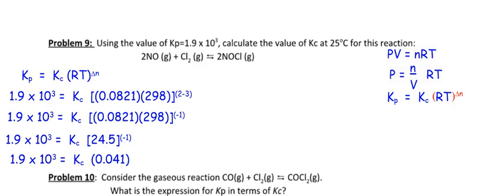How about you? So now what? How do I figure out Kc? Divide both sides by 0.041, and I got, what'd you get? 46,000. Okay, so that is your Kc here. Are they the same? No. Why not? Because the sum of your coefficients here is not equal to the sum of the coefficients on this side.